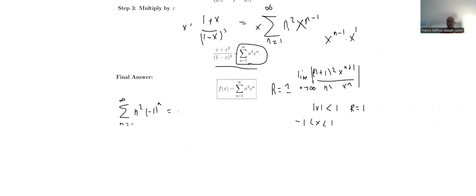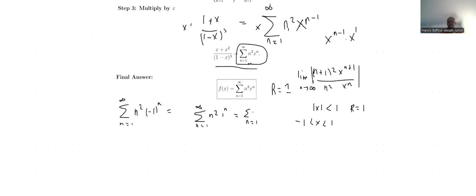Now, if you plug in x equals 1, you're going to have the sum from n equals 1 to infinity of n squared times 1 to the power n, which is just the sum of n squared.